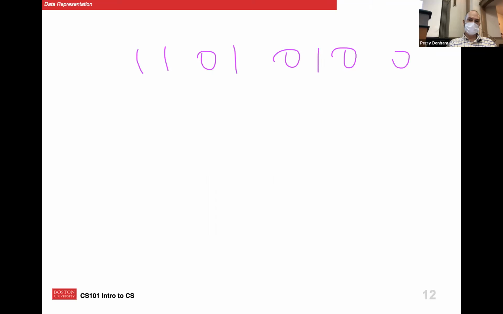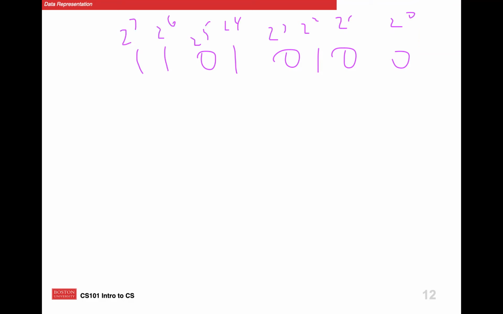So it's one large number. I don't know what the number is, but we're in base 2, right? Because I've got 2 symbols. So this is going to be the 2 to the zero column, 2 to the first, 2 squared, 2 cubed, 2 to the fourth, 2 to the fifth, 2 to the sixth, 2 to the seventh. Those are my values across the top.